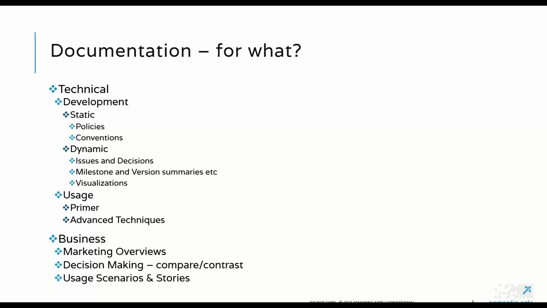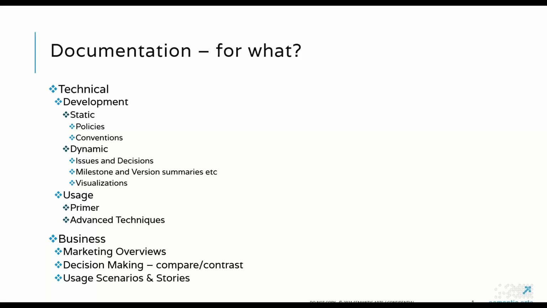We set them up and they last pretty much throughout the project. Those are things such as policies, and policies relate to things like licenses and other things of that form. And then there are conventions, and these are things like naming conventions, style guides, and other things like that that run right the way through the project and hardly change.